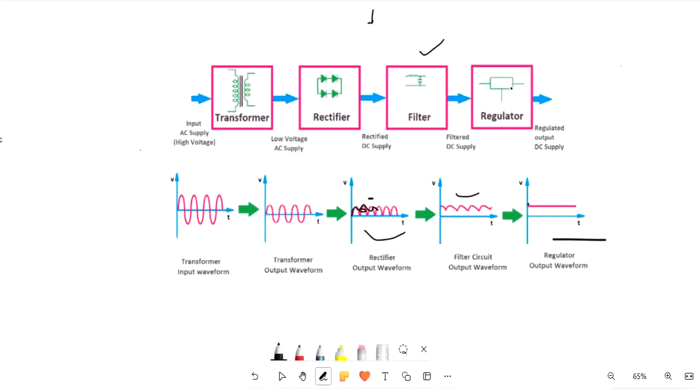The Zener diode works in reverse bias. So the output will be a constant DC supply, with no frequency and a reduced voltage, and because of this we call it DC, direct current.